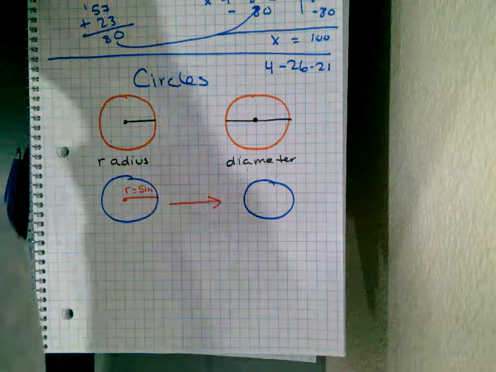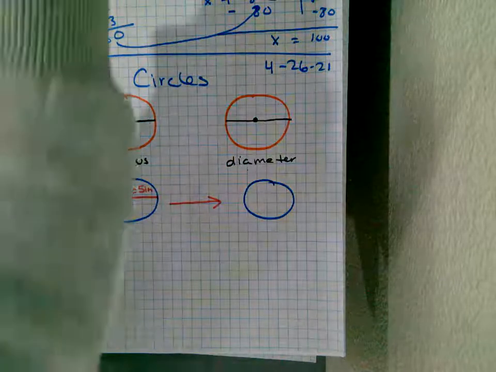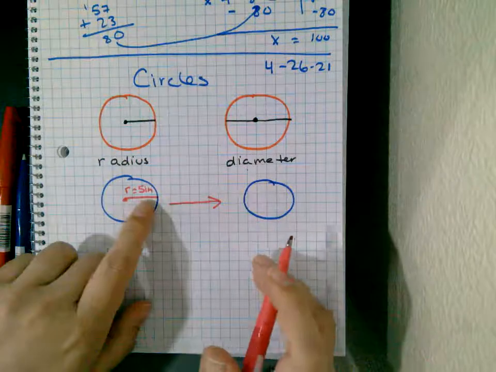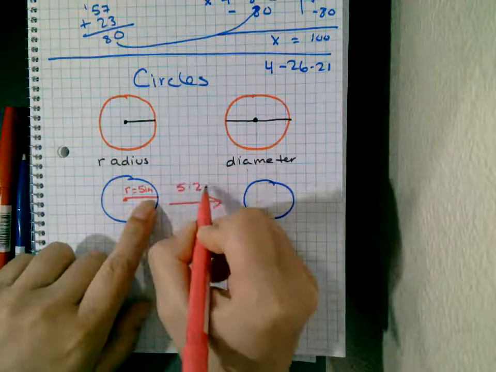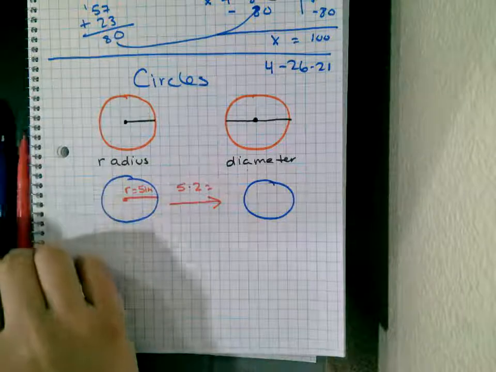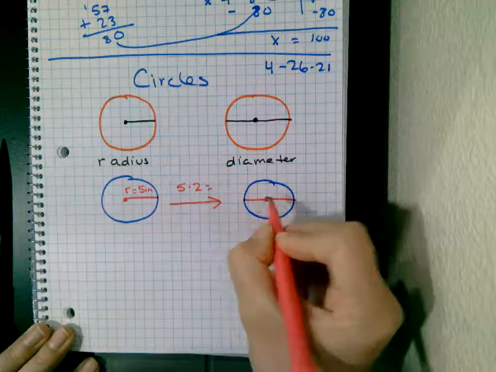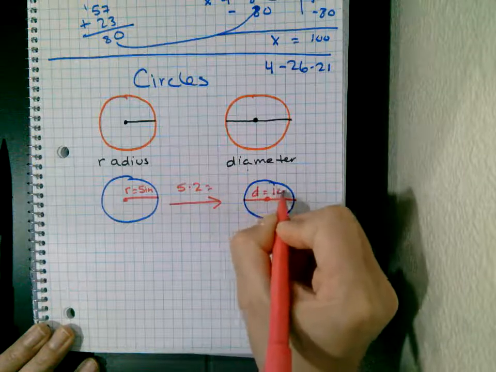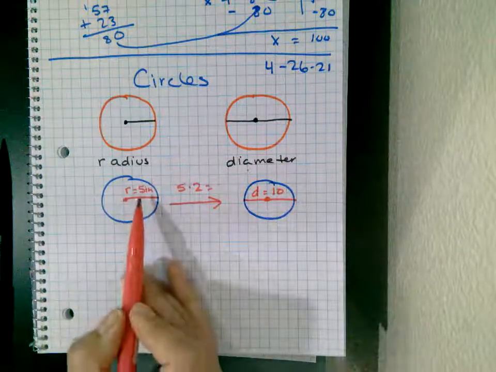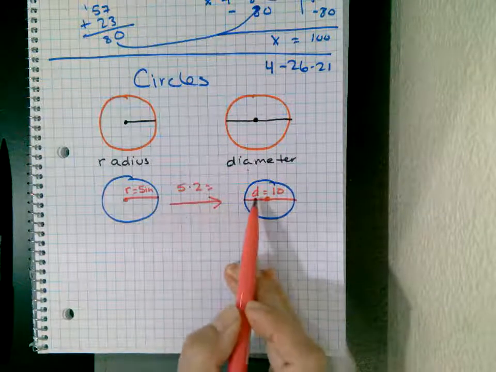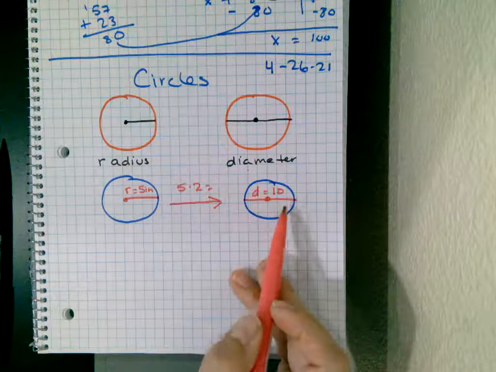So what's 5 times 2? Well, that means that my diameter is equal to 10. So if my radius is 5 and I take 5 times 2, I get my diameter of 10 inches.